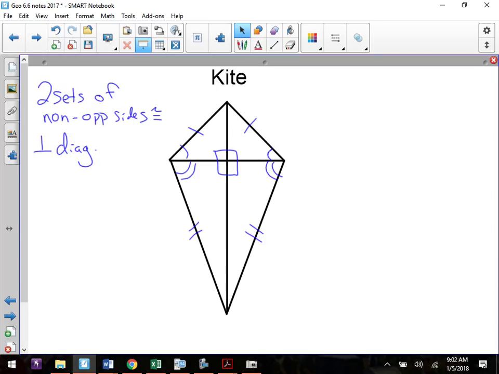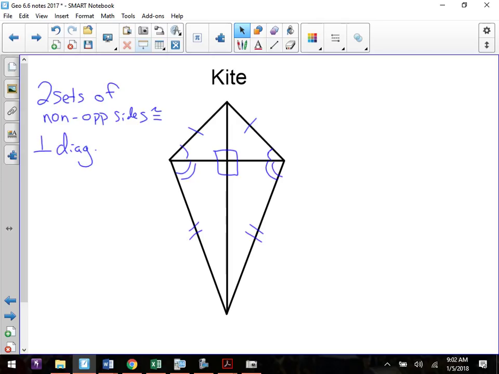Now, if you remember, whenever you add two things together that equal the same, won't the sum be the same? Yeah. So what we say then is, when you have a kite, the angles that are between the two different sets of congruent legs will always be congruent. Sarah? No, not because they're not parallel. Right? Because it's not parallel.